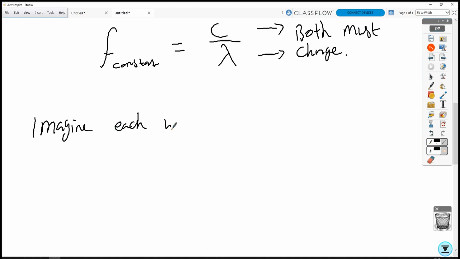Imagine each wavefront as a row of soldiers.